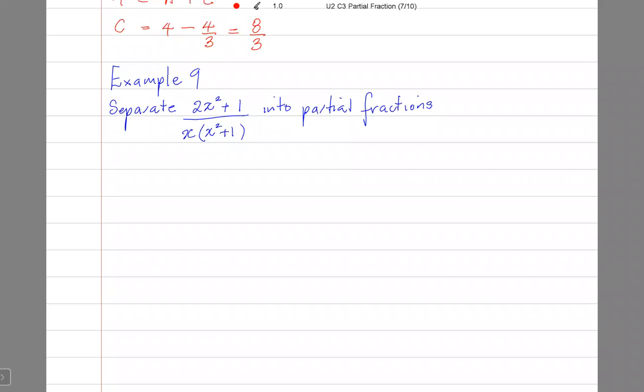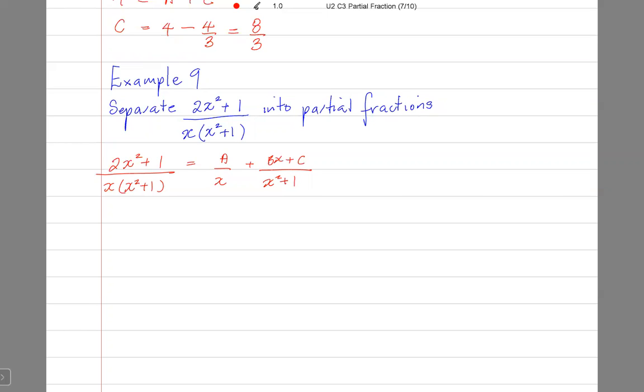All right, so example 9, separate 2x squared plus 1 over x into x squared plus 1 into partial fractions. I'm going to have 2x squared plus 1 over x into x squared plus 1. And this separates into a over x plus bx plus c over x squared plus 1.